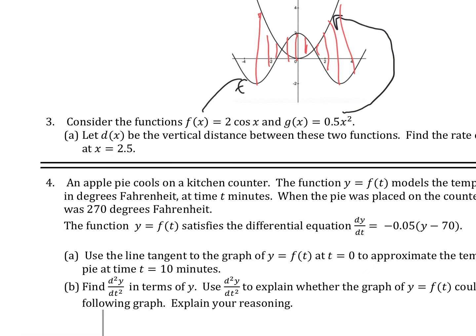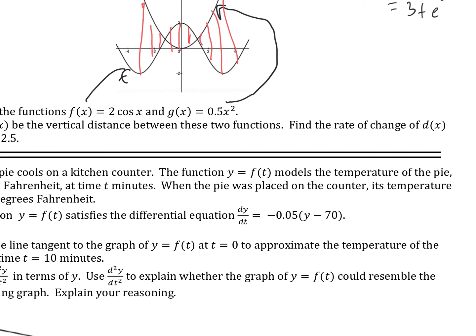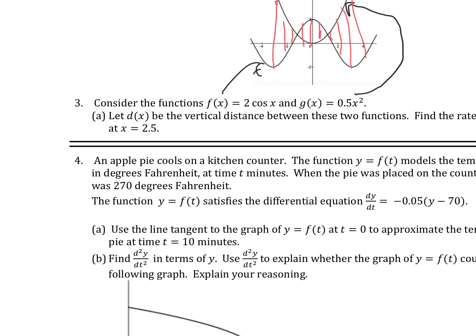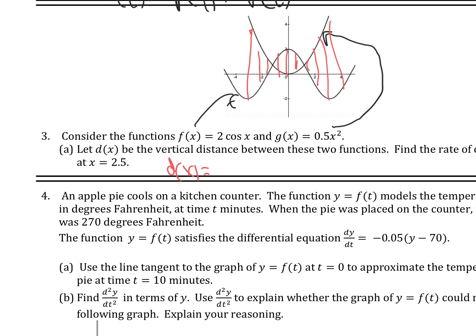That's interesting. Find the rate of change of d of x. Oh, okay. So basically, the d of x is top minus bottom. So d of x, and the top, well, the top was the parabola for a while, so it does change in different parts.